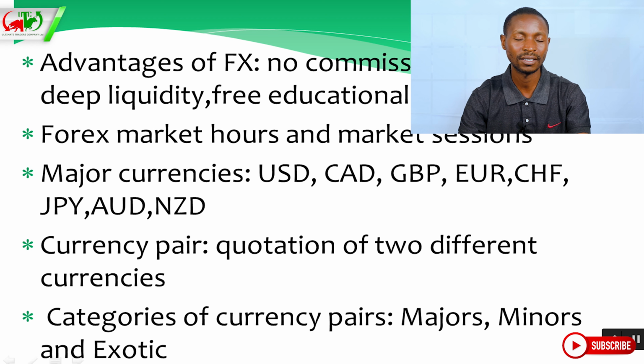The major categories are 3: the major currency pairs, the minor currency pairs, which we may call also crosses or simply minors, and the exotic currency pairs. We have learned that major currency pairs are combinations of major currencies, and they always have to include USD either as a base currency or a quote currency. Briefly, this is what we have learned in our previous course.